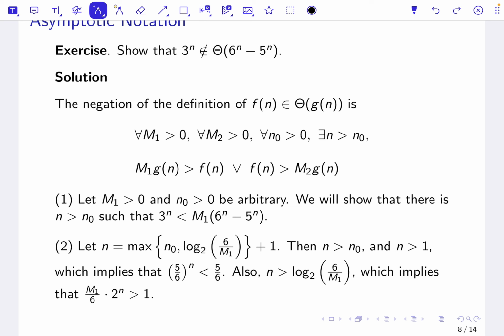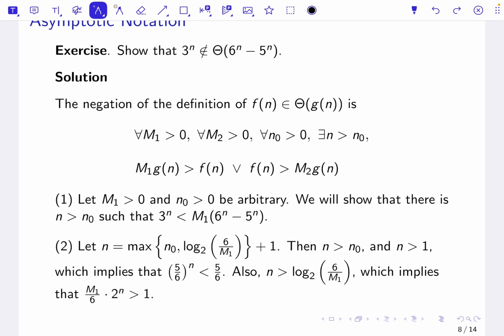This example, I think, is kind of neat because you might have noticed a giant minus 5 to the n here, and you might think that that counteracts the 6 to the n. Maybe like it would turn it into 1 to the n or something weird like that.